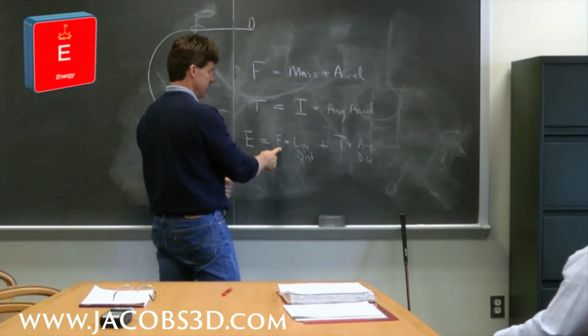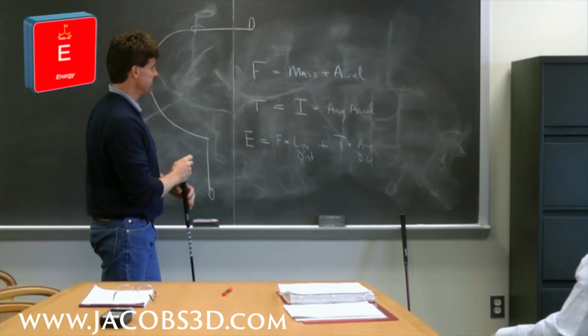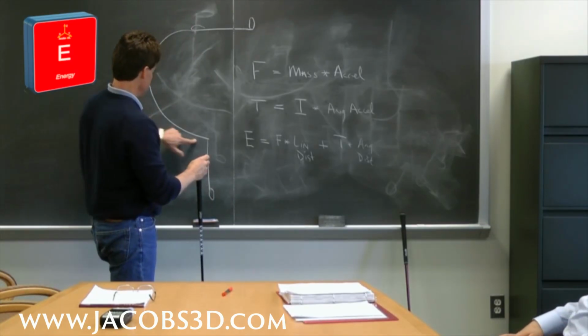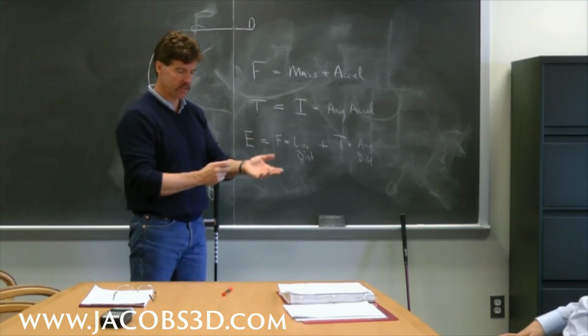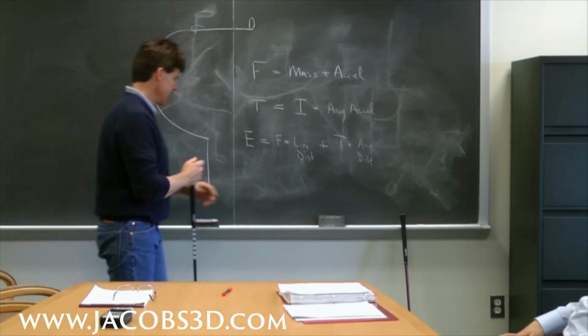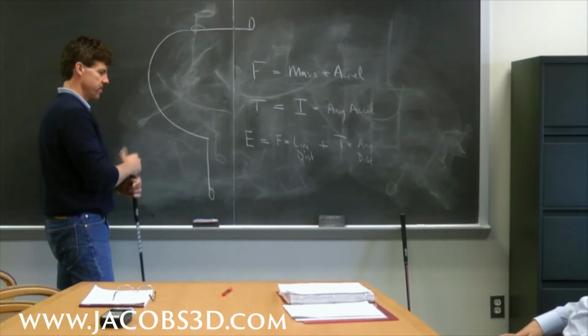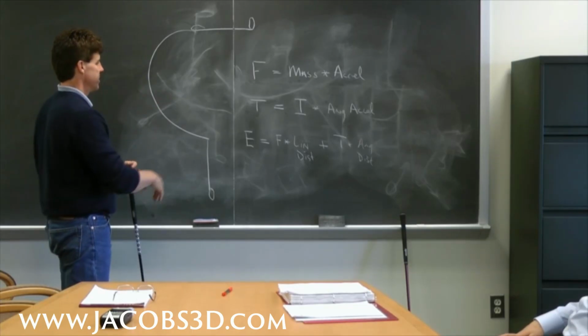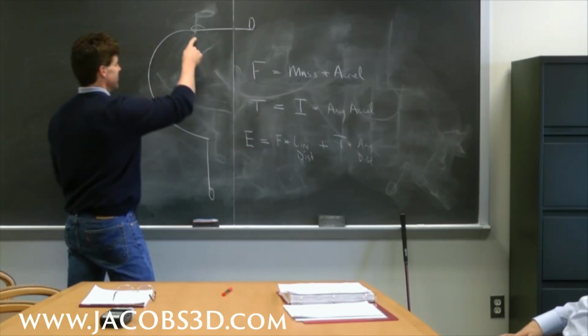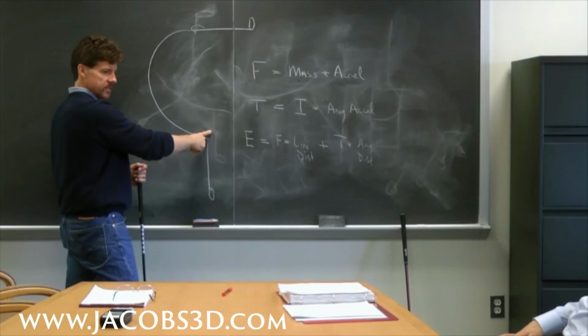Okay? But the main ones are pretty easy to see. So the main force would be around here. The main torque would be the alpha, the swing torque. The other components contribute.